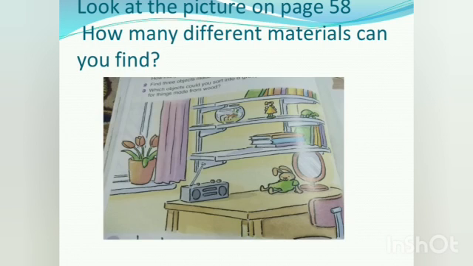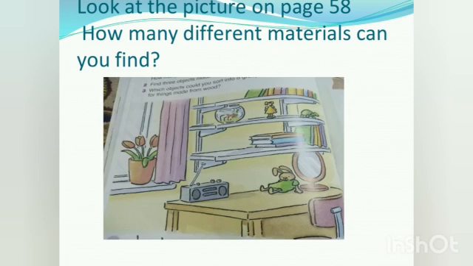Now, look at the picture on page 58 of your book. How many different materials can you find? Over here, you can sort out the objects based on the different materials.